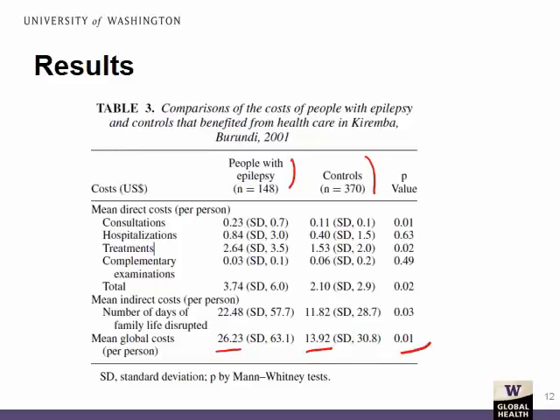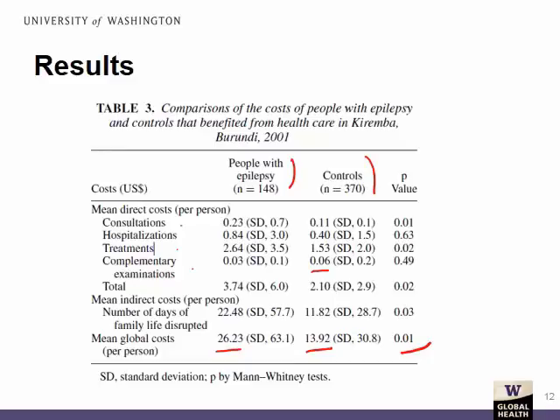And you can see that there were differences also by consultations, by hospitalization, by treatment, and complementary examinations. But the controls had higher costs of complementary examinations. It was the only category in which the controls had higher costs. So this is what a table for the results of a cost of illness study based on a matched control group would look like.